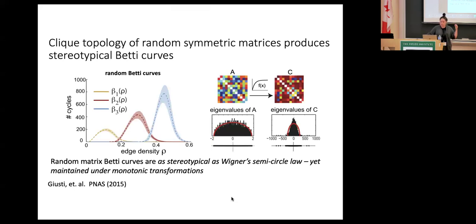Another reason that we like these Betti curves as a summary of the clique topology is that they have a very stereotypical signature when we have random symmetric matrices as our input. And what we see, and I think Nico talked about this earlier, sorry for the change in colors, is that as we increase the homological dimension from Betti 1 to Betti 2 to Betti 3, the maximums of these Betti curves increase in value.